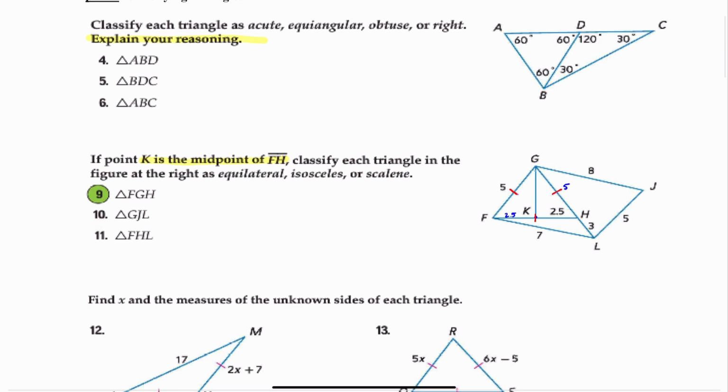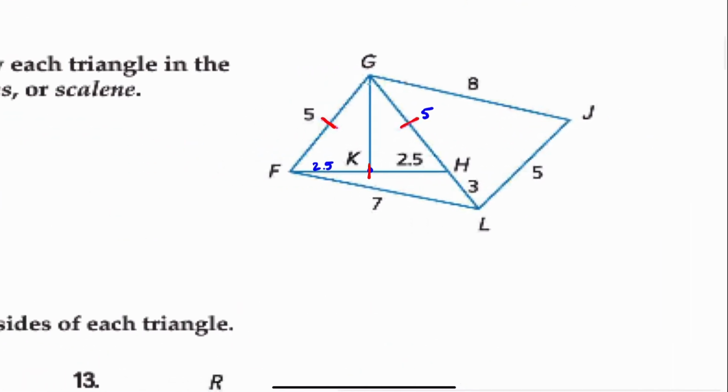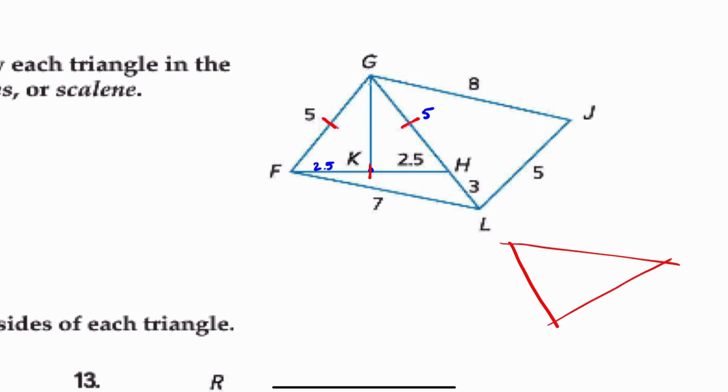Number 10, GJL, close it. I would recommend that you draw or redraw the triangle. So I have GJL, and I'm going to go ahead and draw a point here because as you can see, this right here is 5 units long.